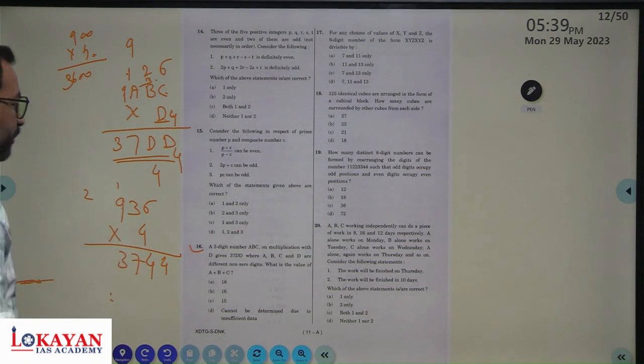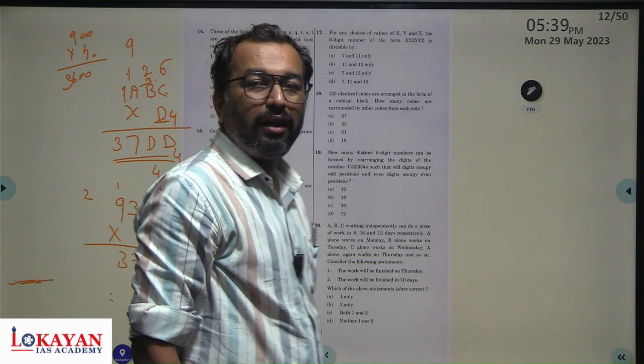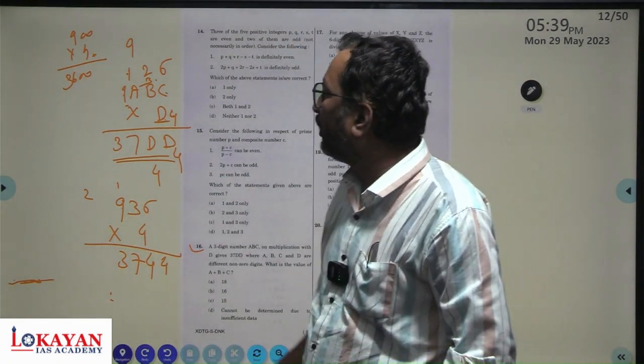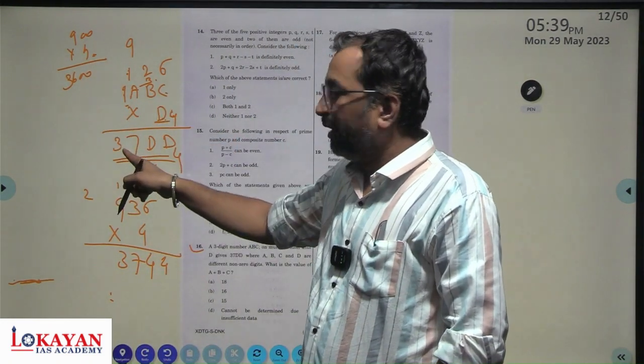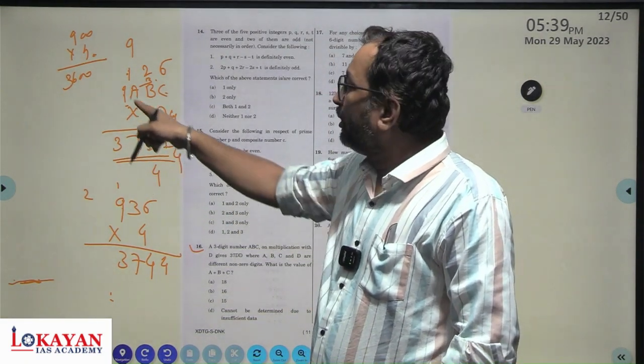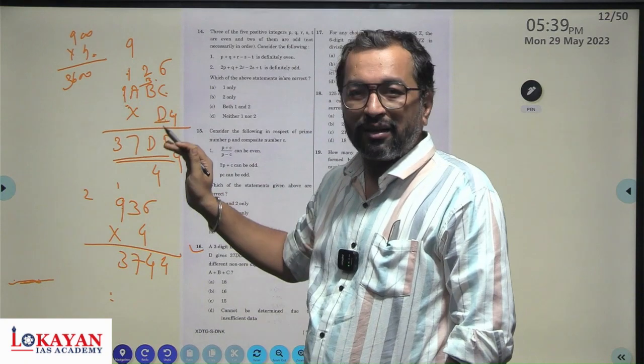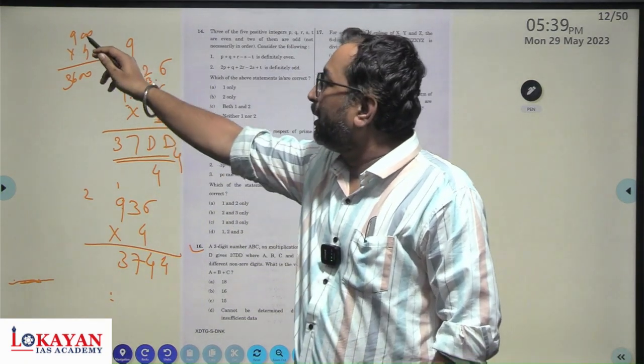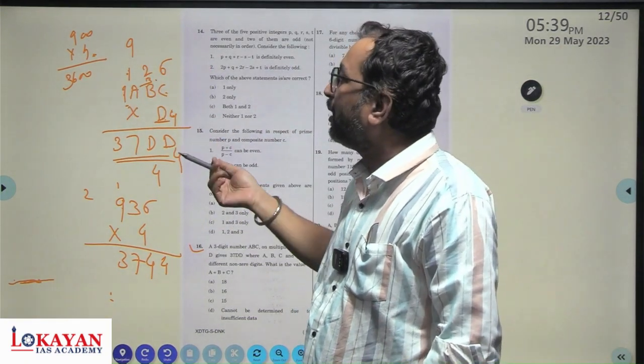Again, trial and error, because what I found is that this is a number near 3700, right? So this 3-digit number must be a larger number. It can be in the range of 900, and D can be in the range of 4.